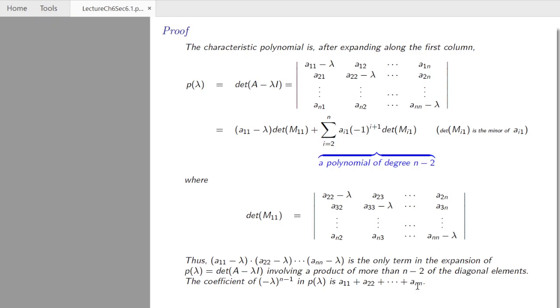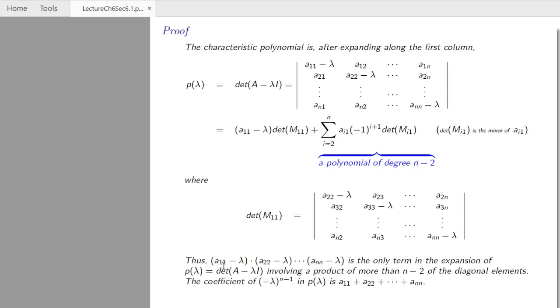And then we do the same thing: for the first n minus 2 terms, we pick negative lambda, and for the term n minus 1, we pick A(n-1)(n-1). So that gives the second term here. And the same thing, for example, the first term here, we pick A11, and from the rest of the terms we pick negative lambda, negative lambda, and so on. That gives negative lambda to the power n minus 1.